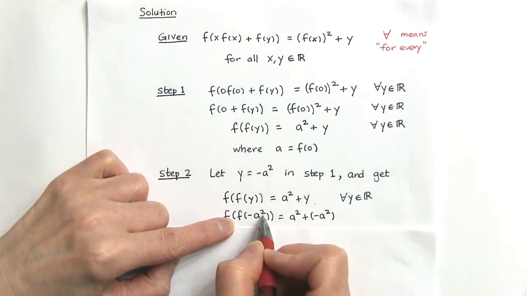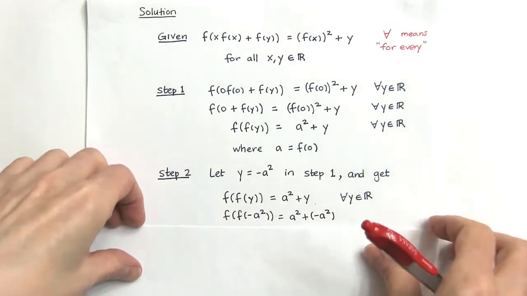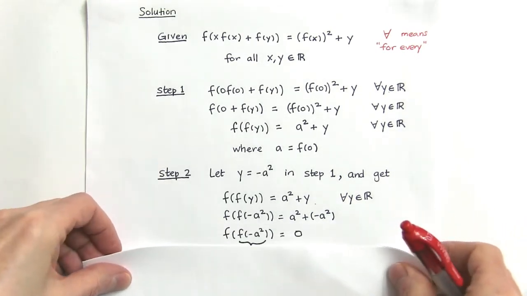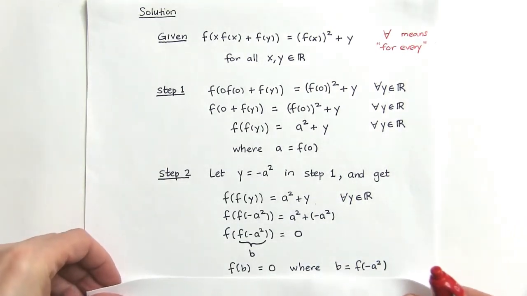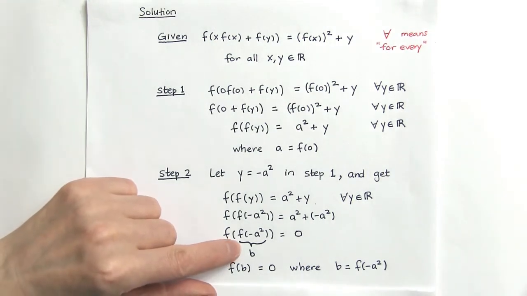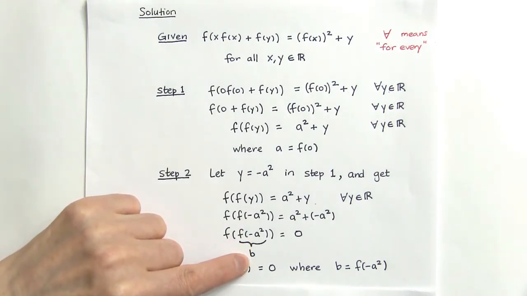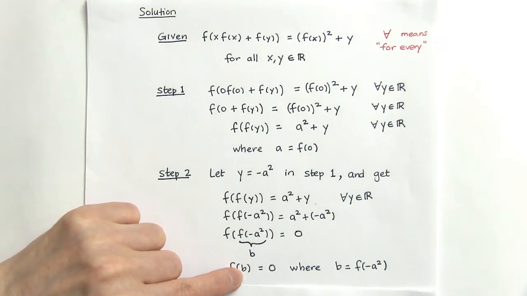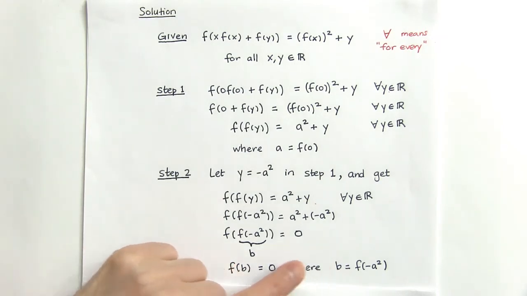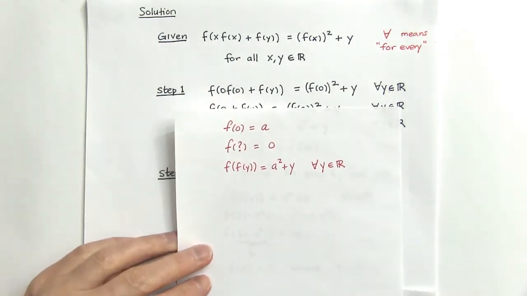So the thing that I plug into f here to get 0 is f evaluated at negative a squared. I'm going to call it b. So f at this value of b is 0, where b is f evaluated at negative a squared, where a is f at 0. I'll add that to my list of conclusions here.